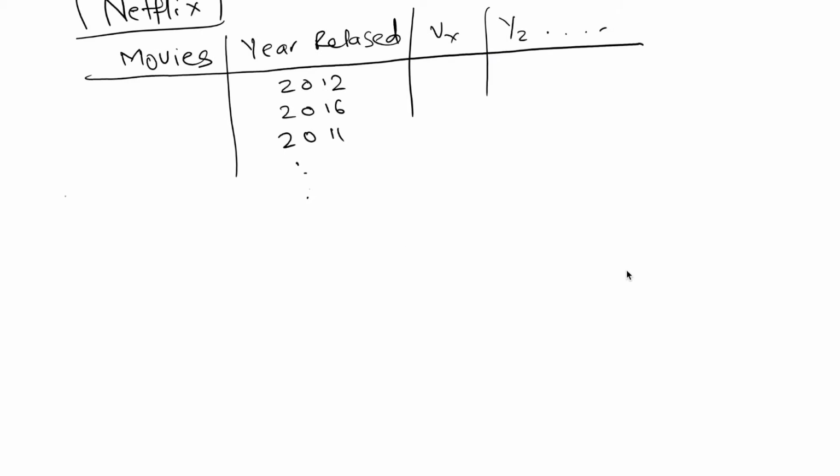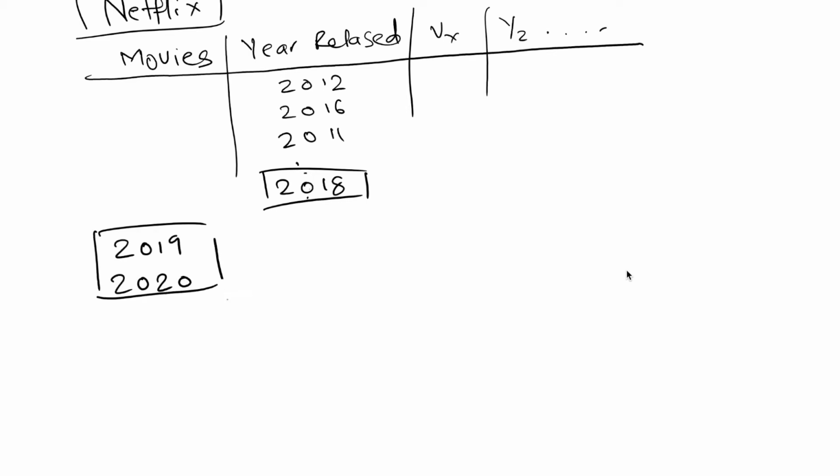Let's say you have data up to 2018. Now, I want data for 2019 and 2020. How can I acquire this data? I can use an API.